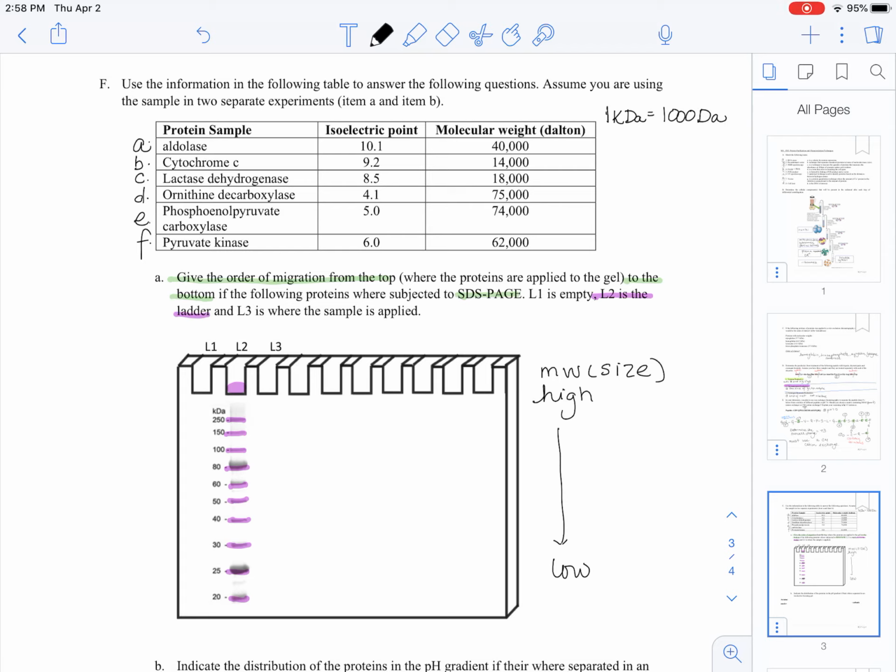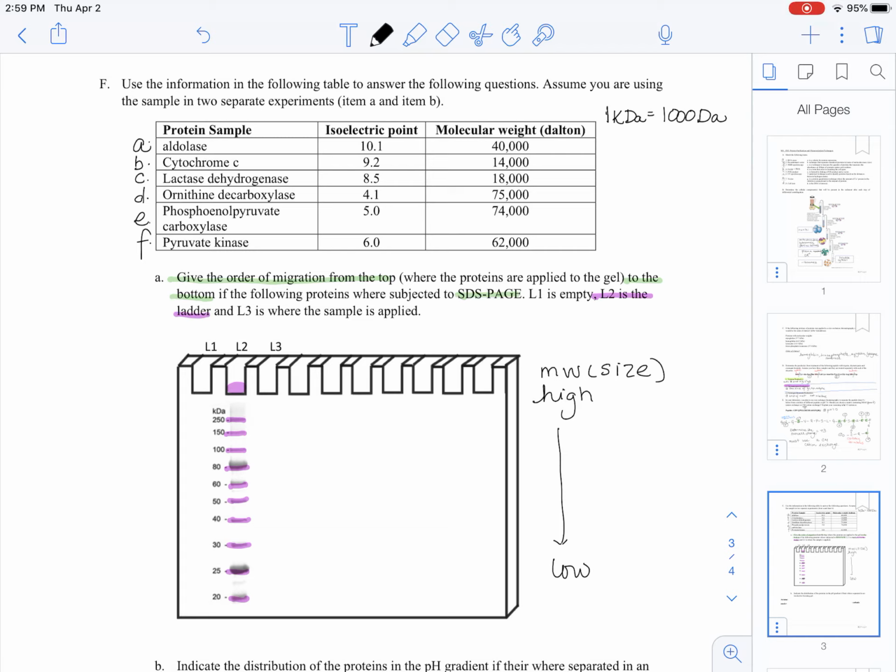So based on that, remember that we can tell that the aldolase is 40 kilodaltons. The cytochrome C is 14 kilodaltons. The lactate dehydrogenase is 18 kilodaltons. Ornithine decarboxylase is 75 kilodaltons. Phosphoenolpyruvate carboxylase is 74 kilodaltons. And lastly, pyruvate kinase is 62 kilodaltons.